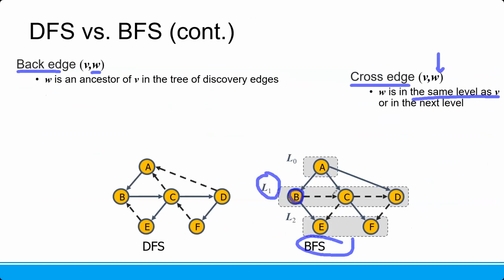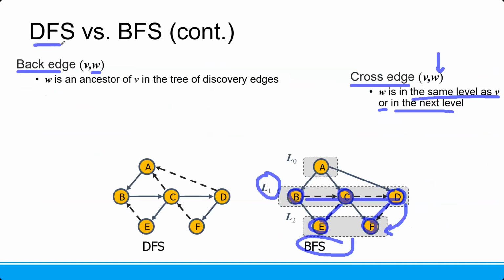B and C and D are on the same level, or in the next level, for example, E and F. So we can have this as a cross edge. We can also have this as a cross edge, where E and F are in the next level. So that's the difference.